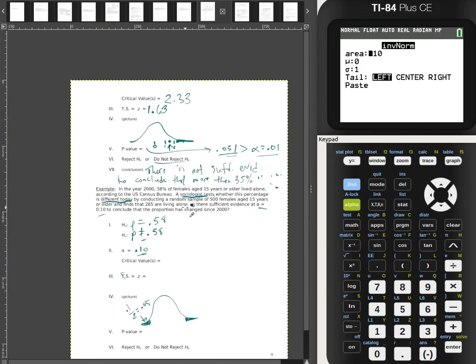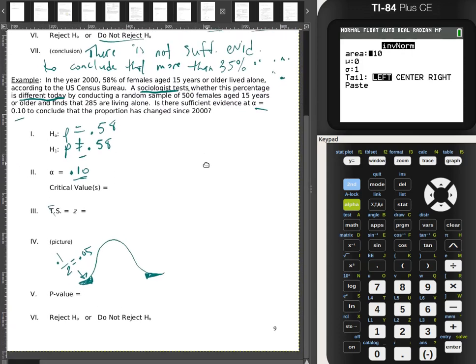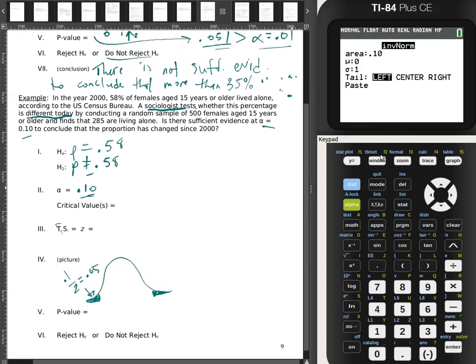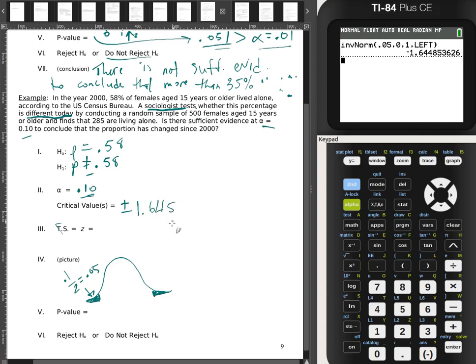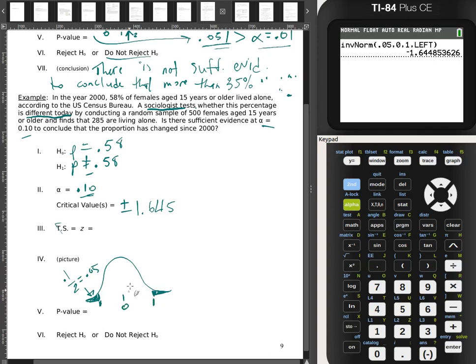That gets us the critical value of plus or minus 1.645. The positive one is 1.645, and the negative one is negative 1.645, because z-scores are symmetric around 0.